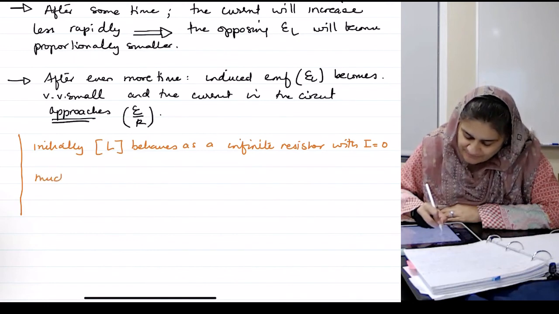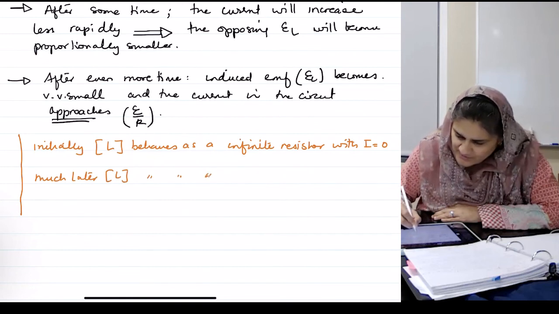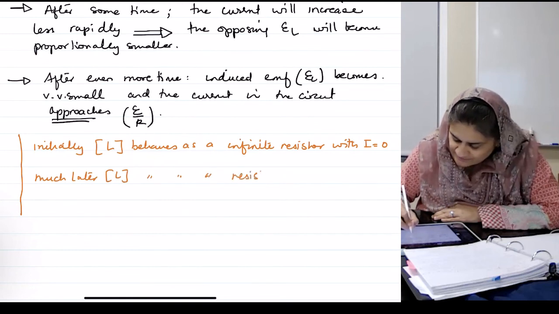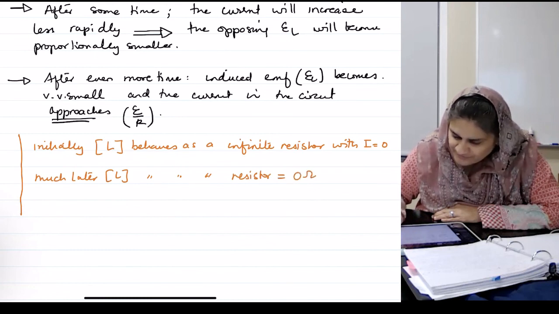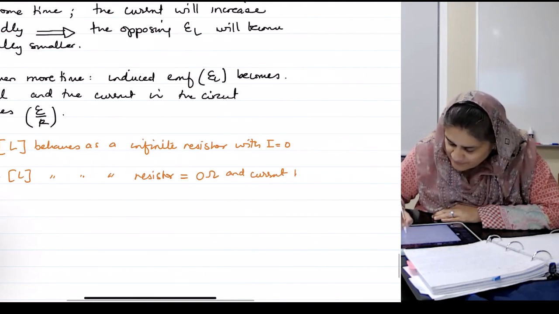Much later, L behaves as a resistor of 0 ohms and current becomes steady.